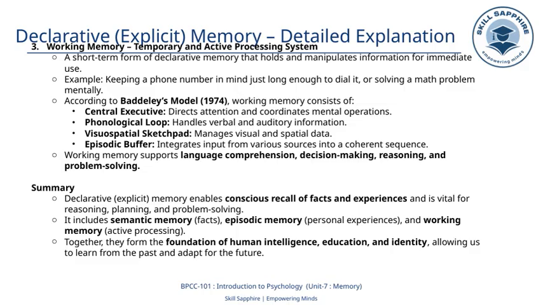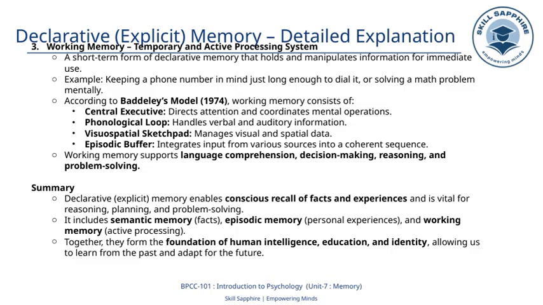It forms the basis of our reasoning, planning, and problem-solving abilities. Specifically, it includes semantic memory, which is our knowledge of facts, like knowing that Paris is the capital of France. Then there's episodic memory, which involves our personal experiences, such as recalling your last birthday celebration.